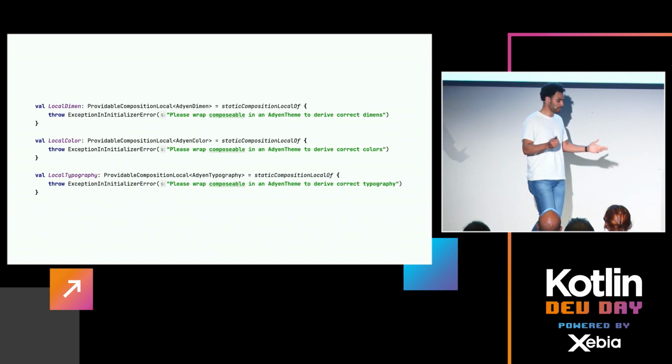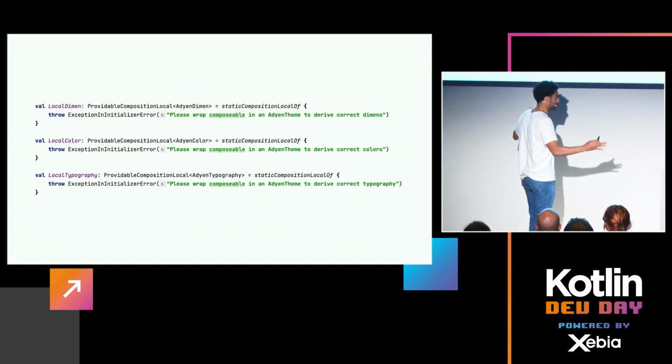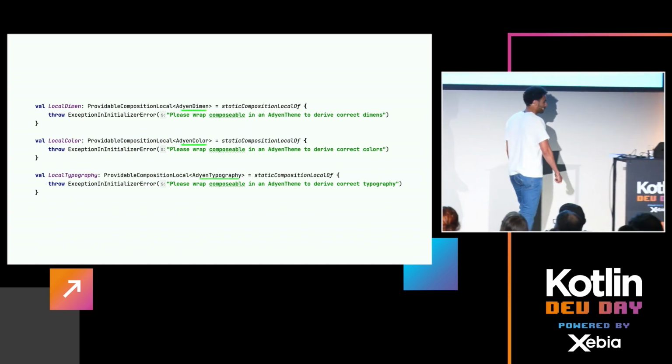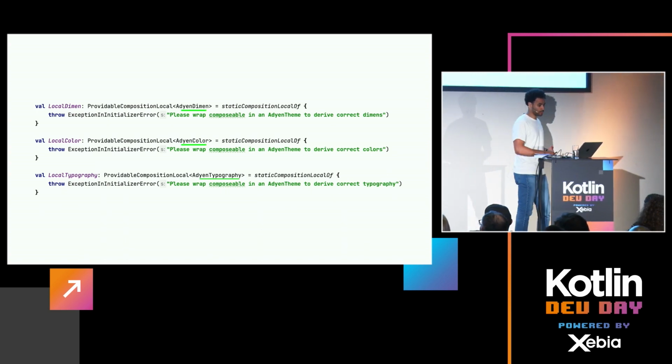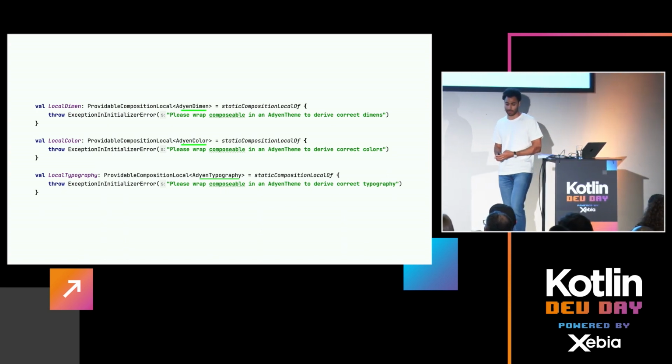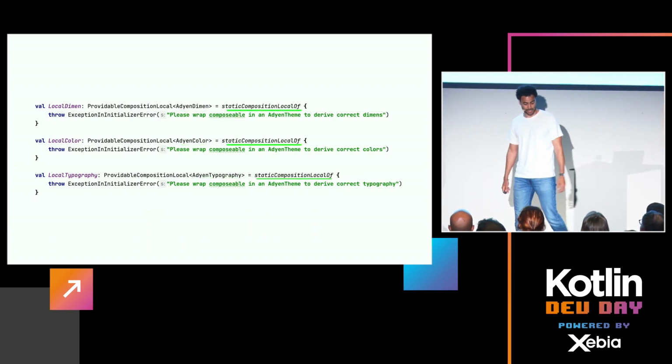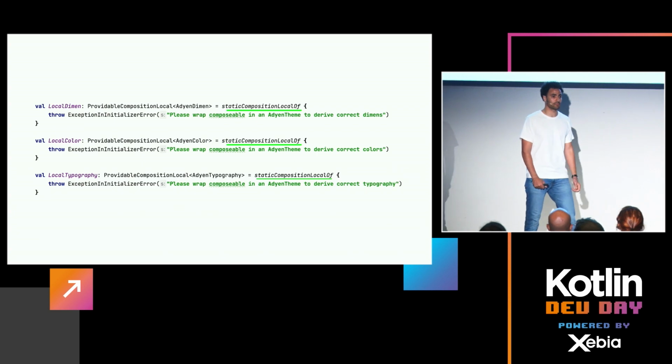These are three values that we've defined here. It's a lot of code, it's kind of long, it's a bit confusing, but the three things that you need to look at here are that we're setting up Agend dimensions, Agend colors, and Agend typography. We're setting up this static composition local.